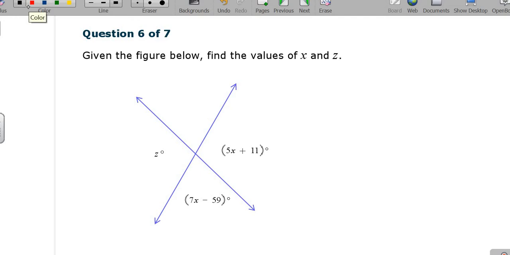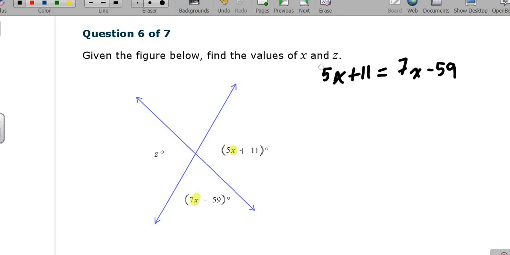When you're working with these problems, it's important that you physically trace what's being involved. So here, first you look for your variables that are the same. We have 5x and 7x. The most common mistake here is students just automatically go like this, and they make things equal, and they try to solve.